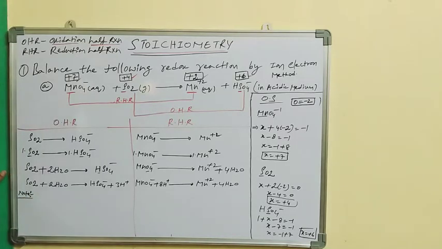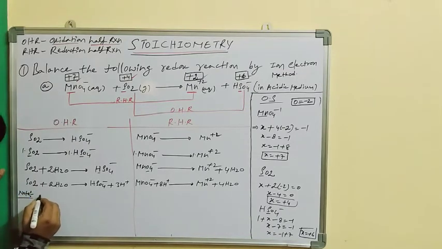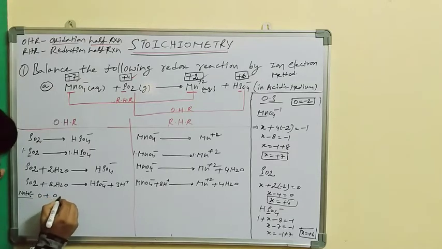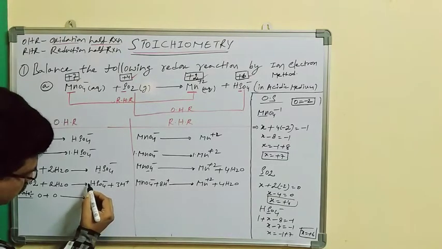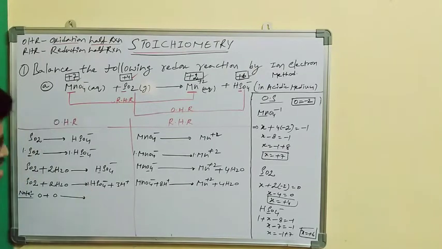See here, no charge is there on this compound, taken as 0, plus here also no charge, 0. On the product side I am balancing charge. Here we have to multiply. Here 1 mole is there, 1 into minus 1, power is minus 1.